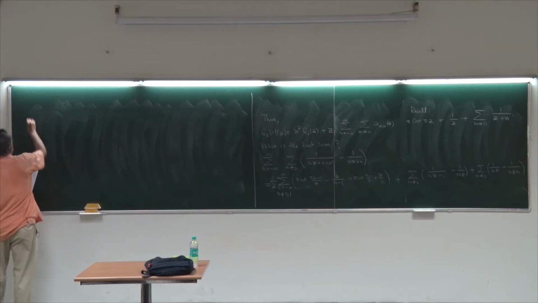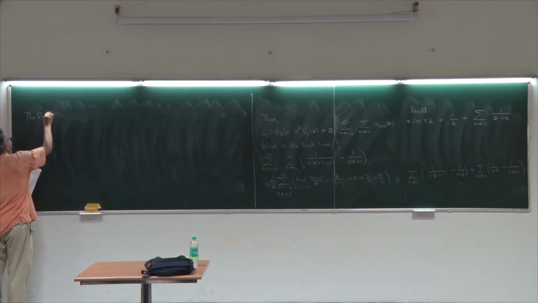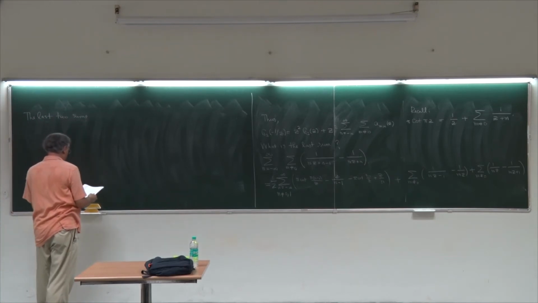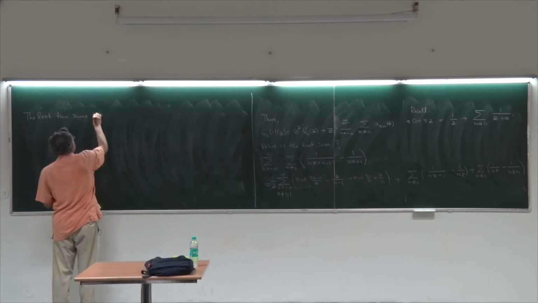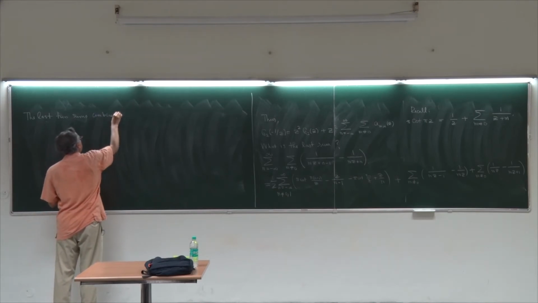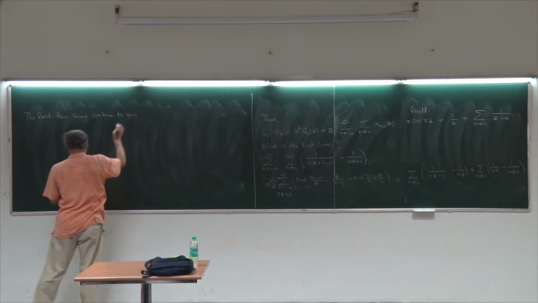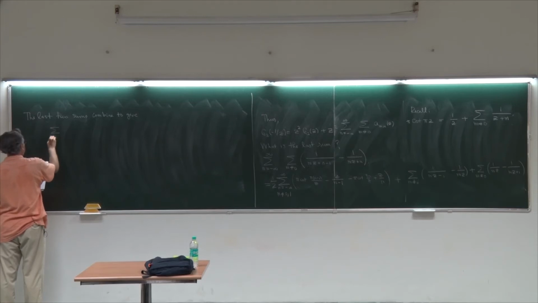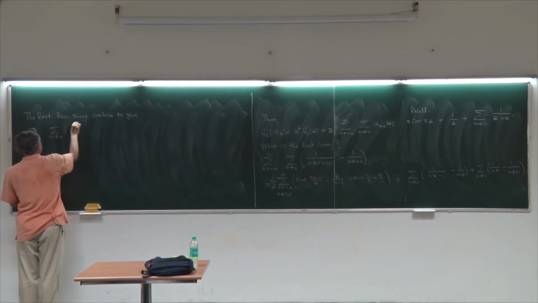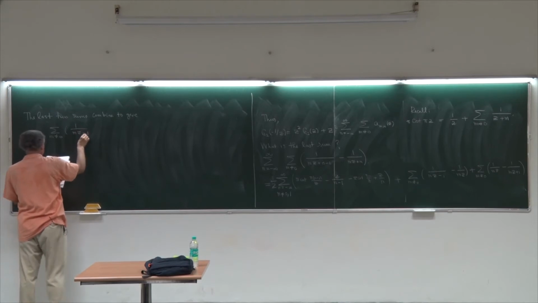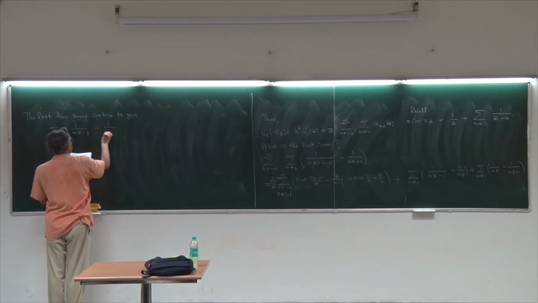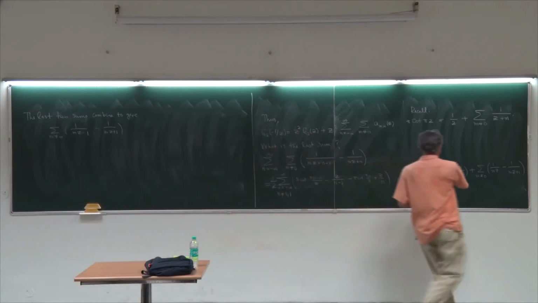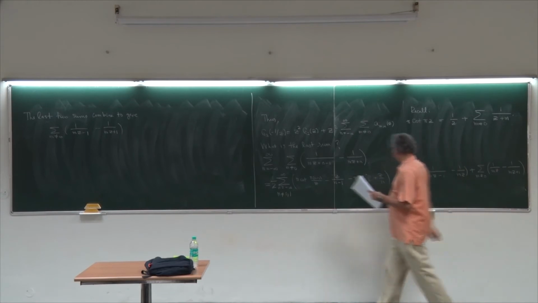So the last two sums combine to give the summation over m not equal to 0, because this 1 over mz here and the 1 over mz here cancel.